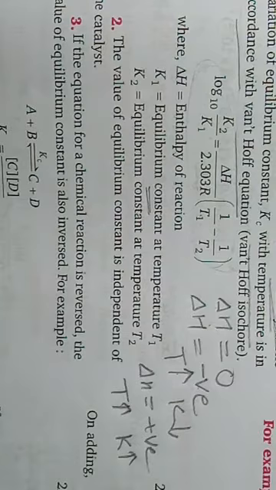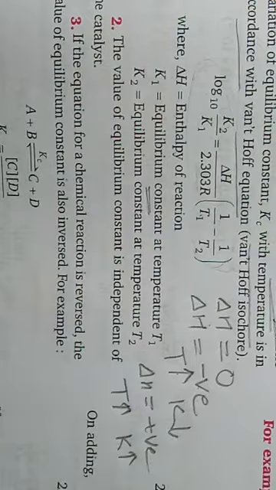Means the values of K1 and K2, which are the velocity constants for the forward and backward reactions, will change differently, but the equilibrium constant is the ratio of the velocity constants of the forward and backward reactions.